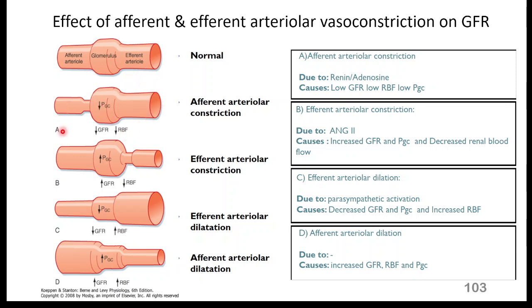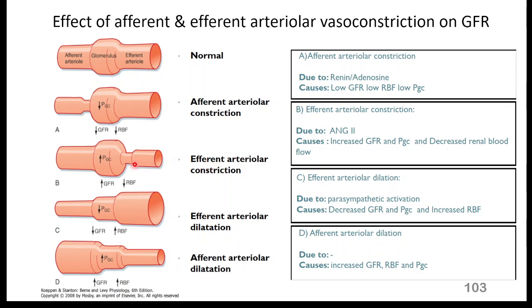Now, in instance A here, we have already discussed this in the previous slide. What happens when the afferent arteriole is constricted? This leads, as we said earlier, to a reduction in the glomerular hydrostatic pressure, and thus a reduction in renal blood flow and GFR. Now, instance B is what happens when there is vasoconstriction of the efferent arterioles.